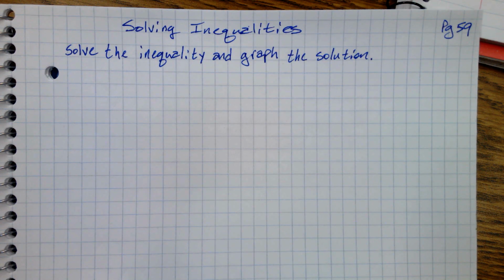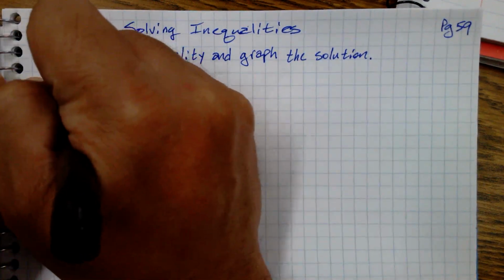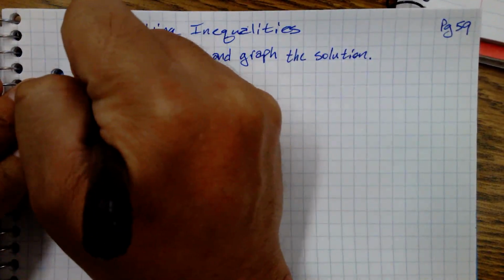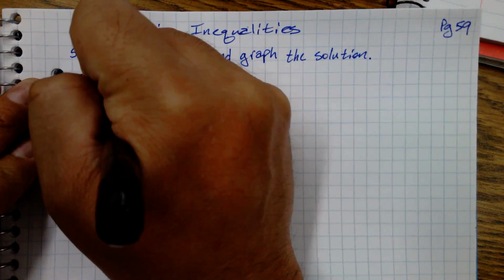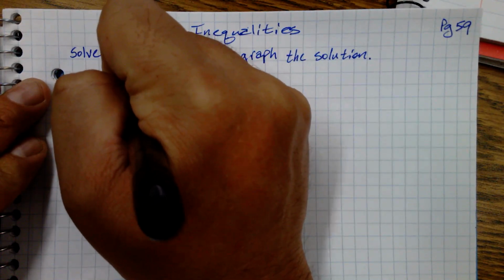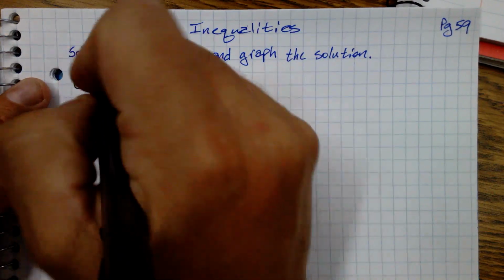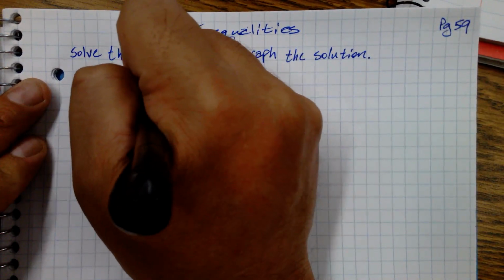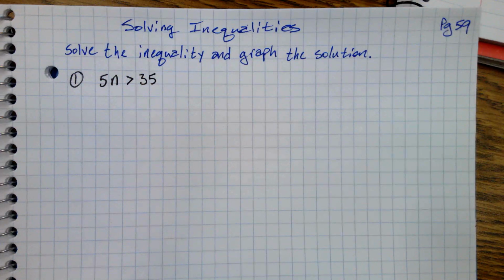Okay, so let's go ahead and just solve a basic inequality. Let's say we have 5n is greater than 35. Okay? And we're going to solve it as if it were an equation, right?